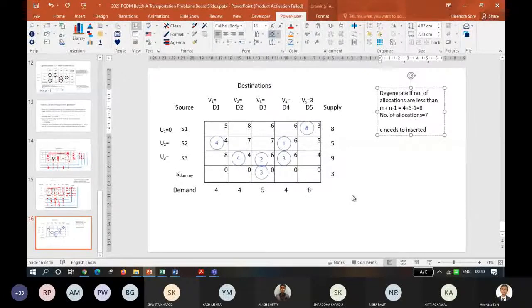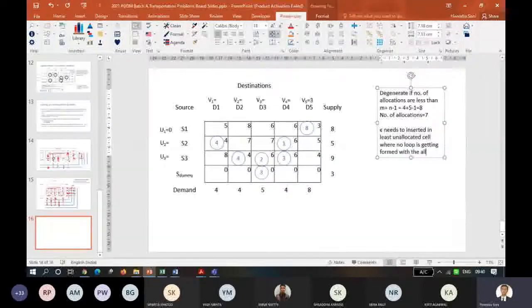Okay, it needs to be inserted in the least unallocated cell where no loop is getting formed with the allocated cells. Clear?